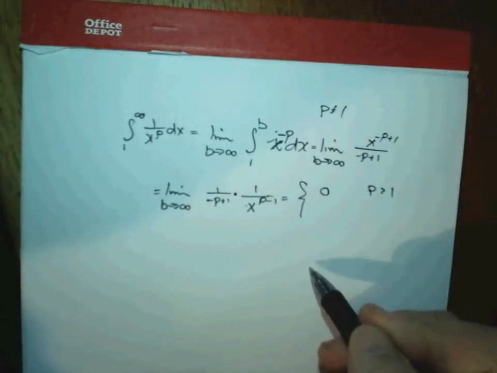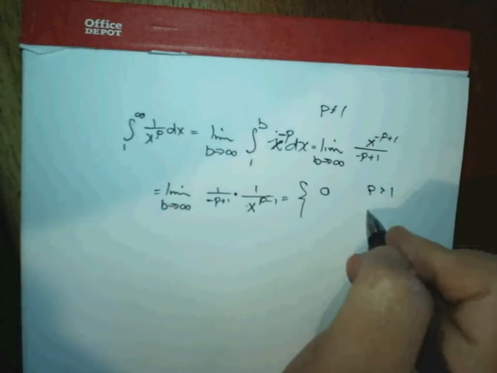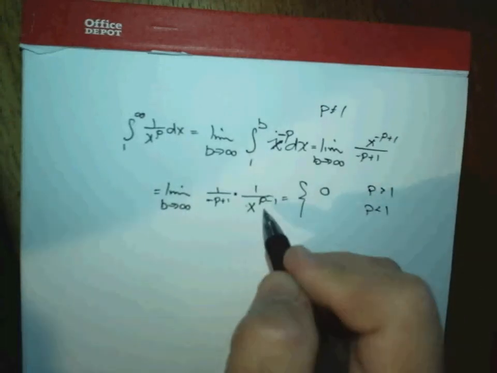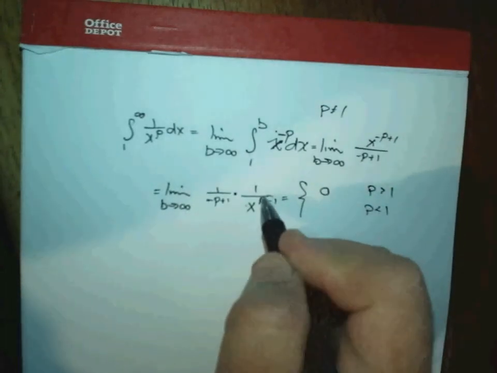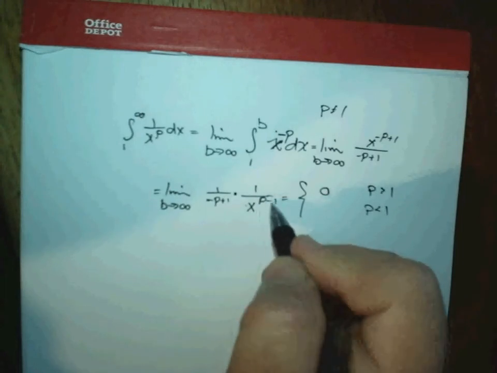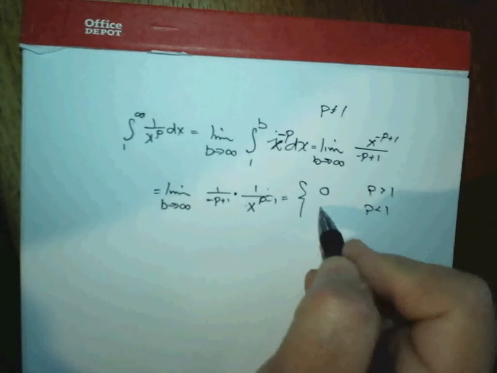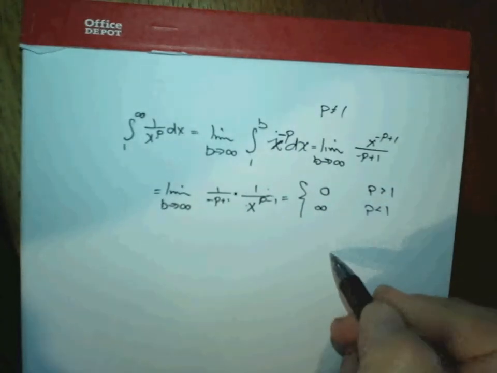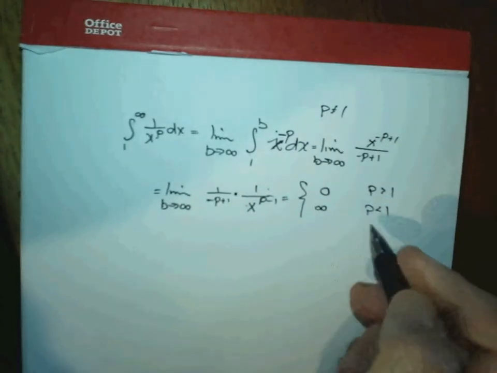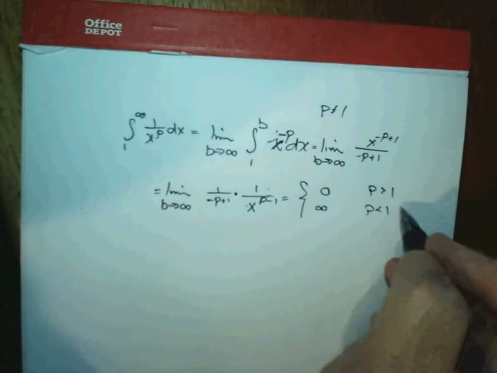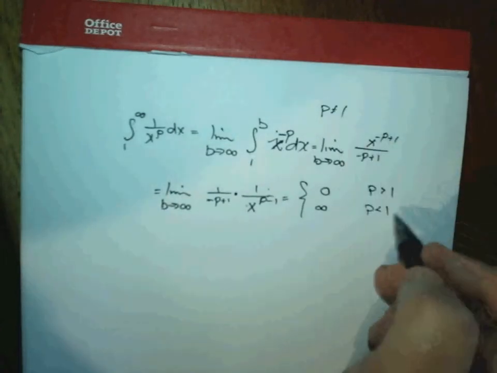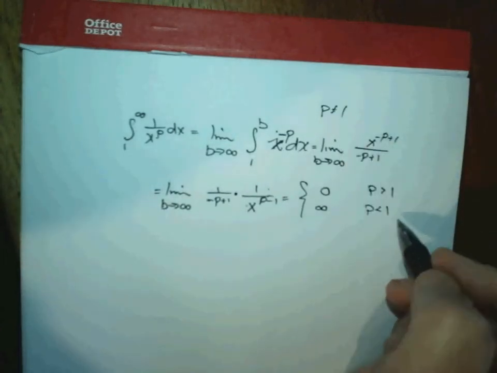And so we would say the improper integral converges. If p is less than 1, then this power is negative, pops this infinity into the numerator and gives you an infinite limit. Recall, we already handled the case when p was 1. We know divergence when p was 1.